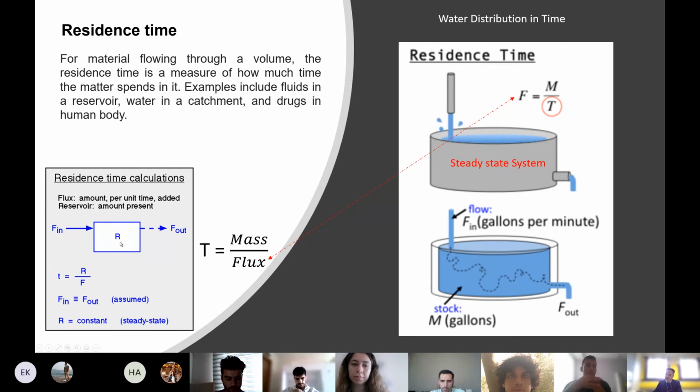This is the same thing, not only for water. For every system, which we call our control volume, if you know input and output, you can find residence time for steady state condition, because the input and output fluxes are the same.